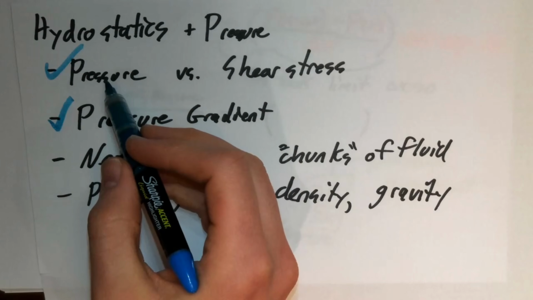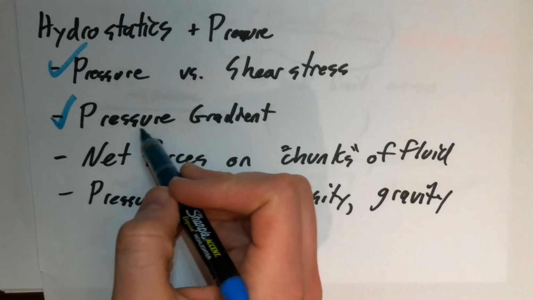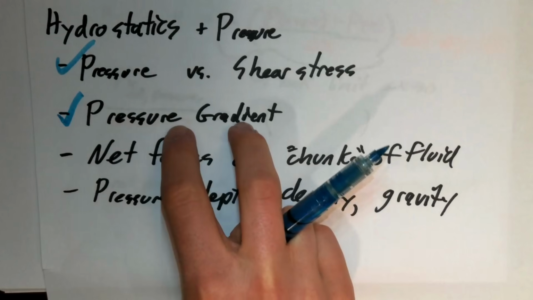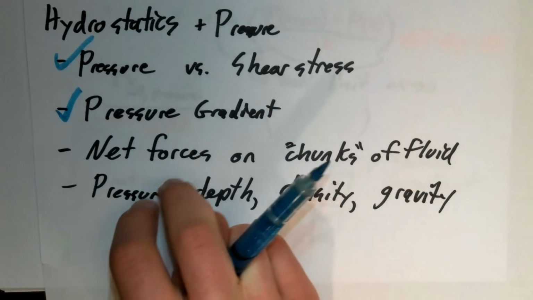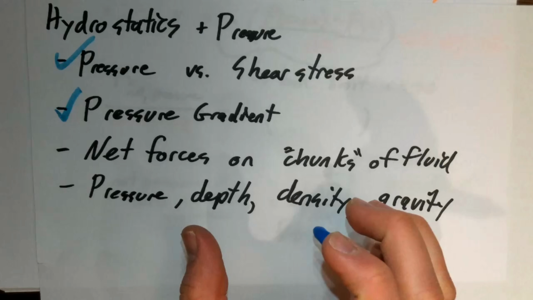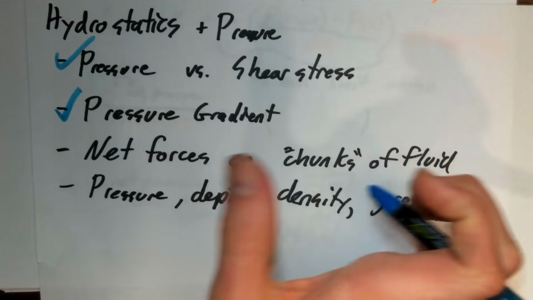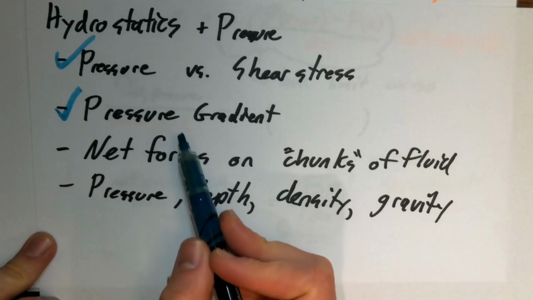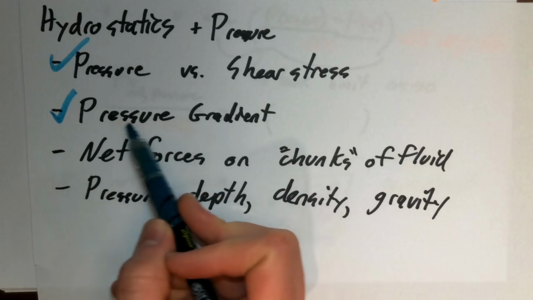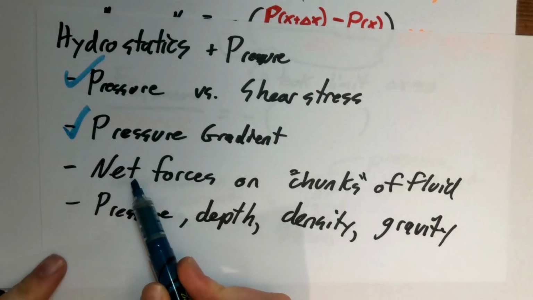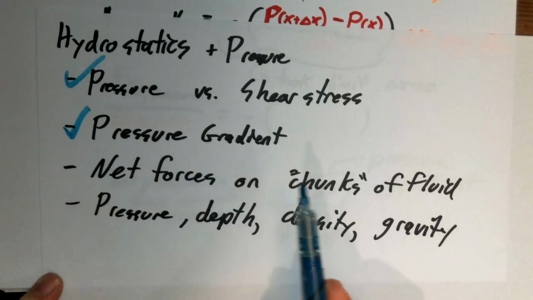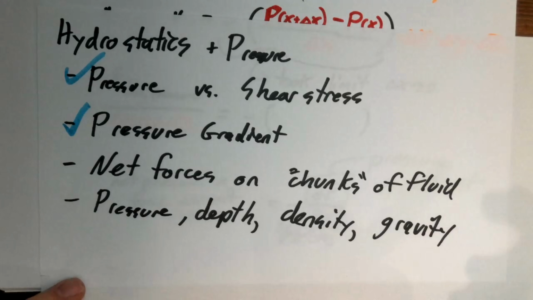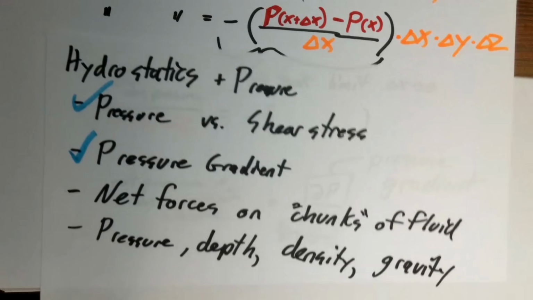It's a spatial derivative of pressure, a derivative of pressure with respect to some spatial variable, and it results in net forces on chunks of fluid. Net pressure forces come from pressure gradients, but that's not the only force that can act on chunks of fluid. So let's now talk about other forces that could act on a chunk of fluid.